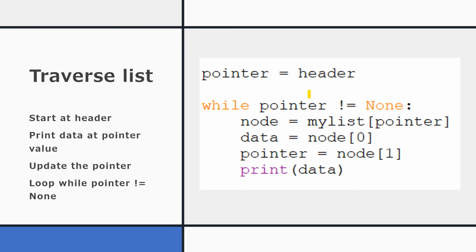We then repeat with the new pointer and repeat again, updating the pointer each time until the pointer has the value none, and that's when we know we've reached the end of the list. So that is a complete program there to traverse a linked list, printing out the data at each node. So if you haven't done so already, I strongly recommend that you write this program. You have to have the linked list already set up on your computer.